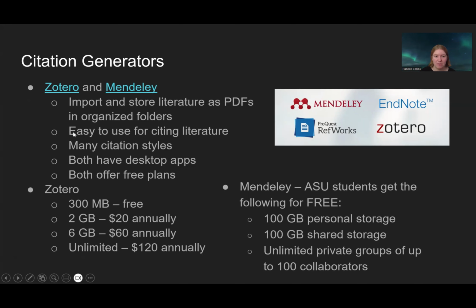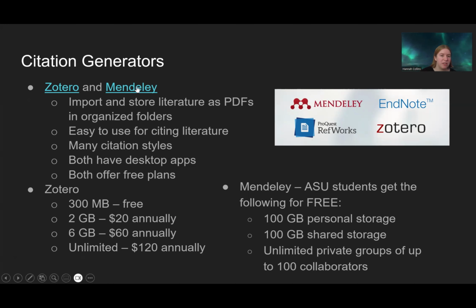And then these citation software make it very easy to cite literature and even just websites as well. And you can use many different citation styles, like, for example, APA format, MLA format, Chicago manual style, IEEE, Elsevier.